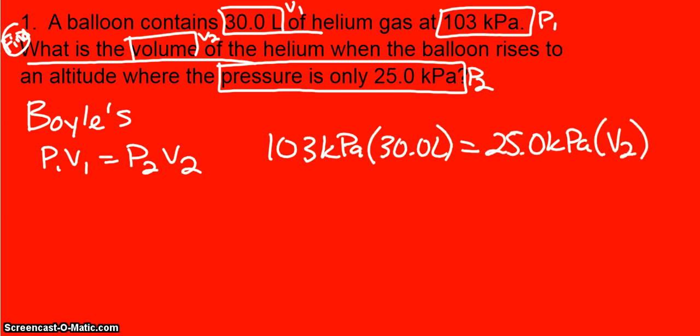So at this point, I have V2 on the right multiplied times a factor, and I have math variables on the left for my pressure 1 and volume 1. So to get V2 all by itself, I'm going to divide both sides by 25 kilopascals.